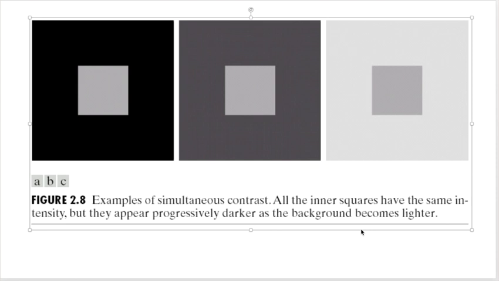And when you go to the very light background on the right-hand side, the change to the mid-gray is also a very huge thing, just in the opposite direction. So it makes that gray look darker, even though it's not any different. Same thing happens to your sensors when they measure everything. Your noise level is all based off of this. So it's relative intensities that matter, and that's what you should pick up from this one.